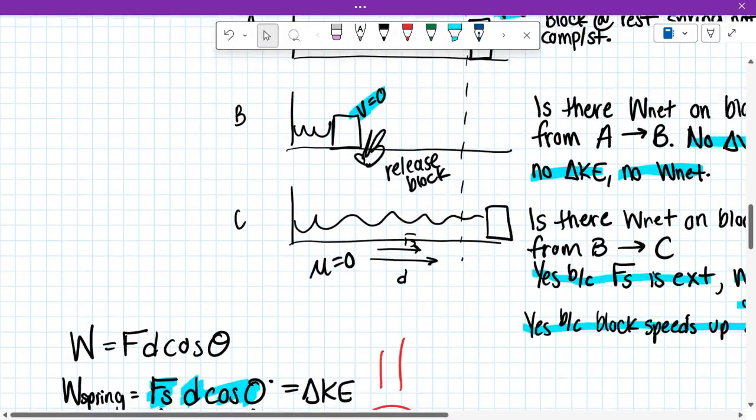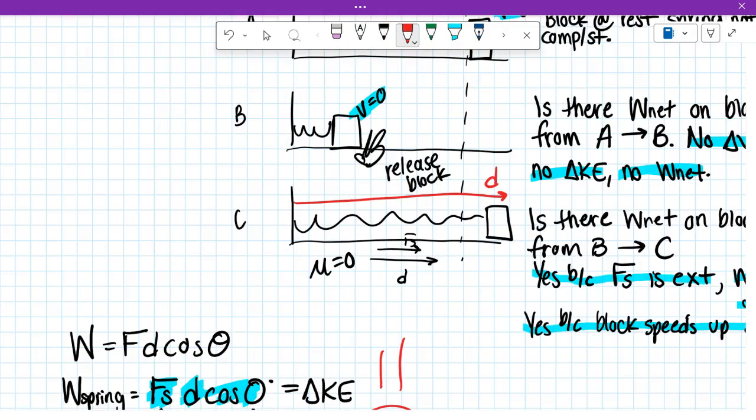If I think about it, the displacement's fairly easy. That's this way. That's my displacement, or actually, it would be of the block, so probably a little bit more like that. And for the first part, F and d are in the same direction. That's why I put a cosine of 0 there. But I start to see some issues after I pass x equals 0. My spring force is now this way, which means the angle between the spring force and the displacement is now 180.